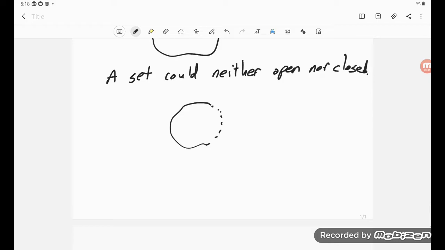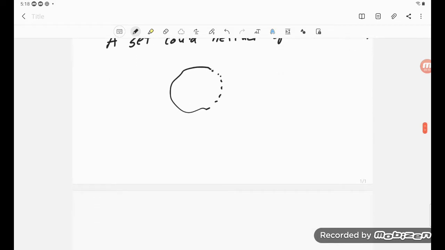And so it could be neither open nor closed. Or for that matter, if you just got a bunch of isolated points, right? Those are not boundary points, and they are definitely not interior points. So there also is a set that's neither open nor closed.